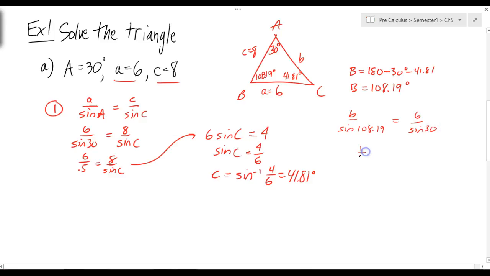And so since sine of 30 is 1/2, we get 1/2 B equals 6 times the sine of 108.19. Multiply both sides by 2 and work that out on your calculator, and you get B is equal to 11.4.